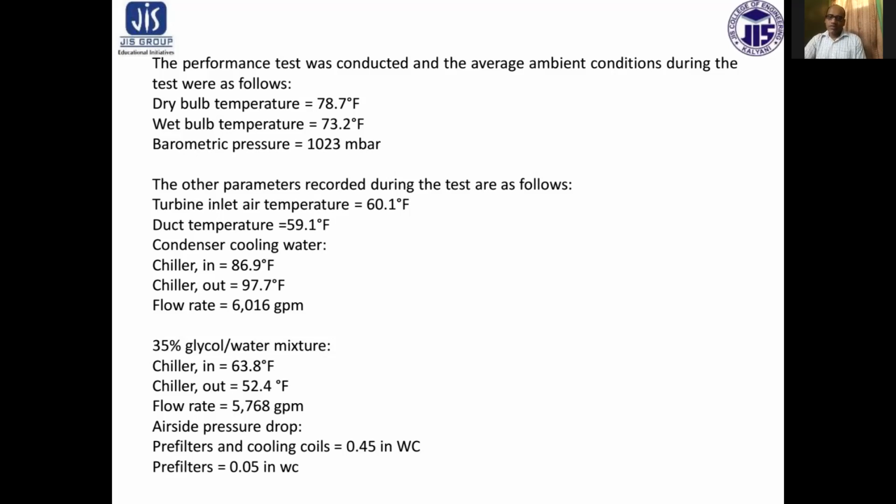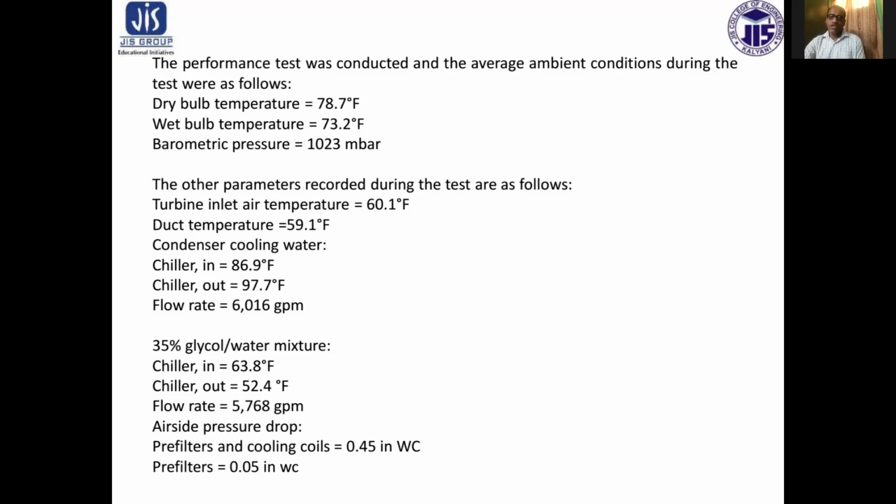Then for the 35% glycol water mixture, chiller in is 63.8 degrees Fahrenheit and chiller out is 52.4 degrees Fahrenheit. Flow rate is 5768 gallons per minute.